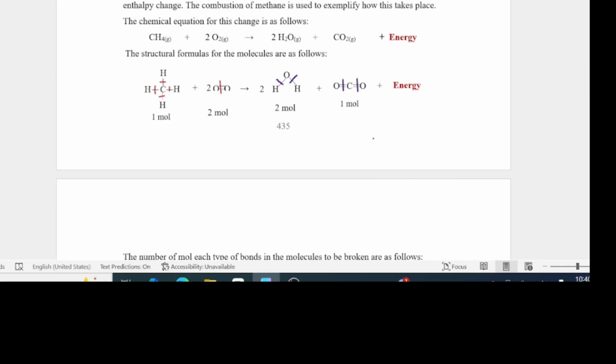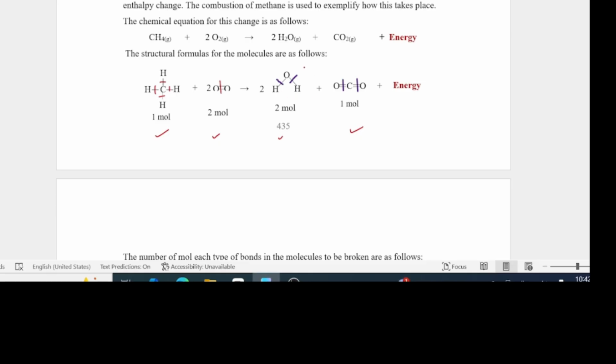This is what happens in chemical reactions. For this reaction to happen, these bonds must be broken such that the individual atoms are freed up to form new combinations. How many moles of C-H bonds do you think we need to break? You can see every mole of methane has 4 moles of C-H bonds. Every mole of oxygen has 1 mole of O=O bonds, so we need to break 2 moles of that.